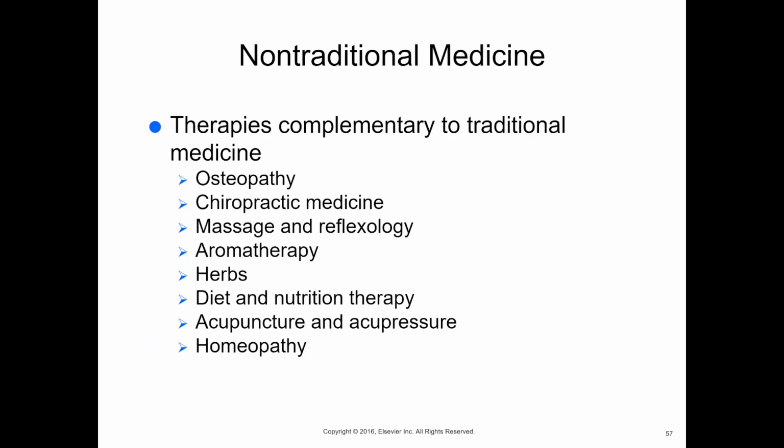Non-traditional medicine. So these are things that are complementary by definition. These things typically rely on not using medications, or at least medications as would be defined by organizations like the FDA. In fact, some natural medicines are medications, right?